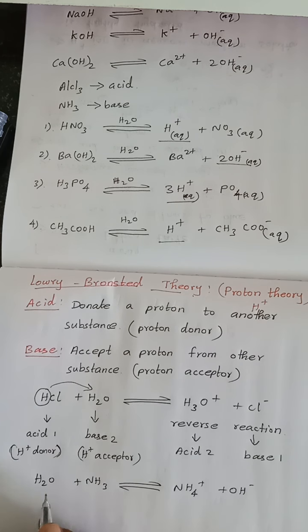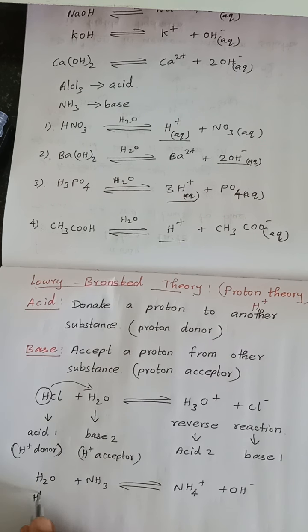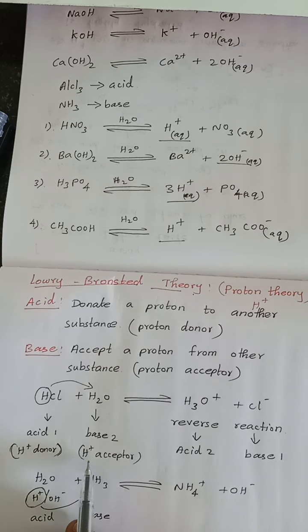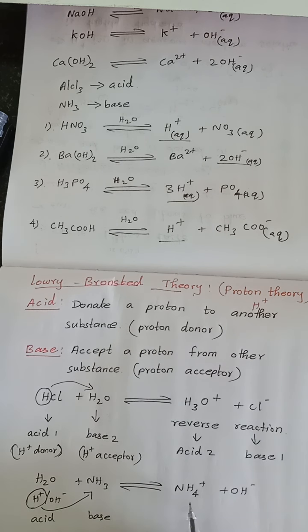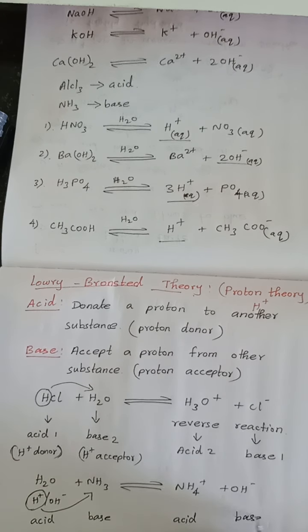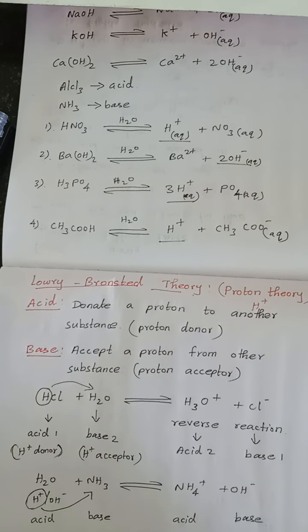H2O separates into H plus and OH minus, and the H plus ion is moved to ammonia. Ammonia is a base. Acid is a proton donor, base is a proton acceptor. In the formation of the ammonium salt, NH4 plus is the acid and OH minus is the base. So these are two general acid and base reactions.